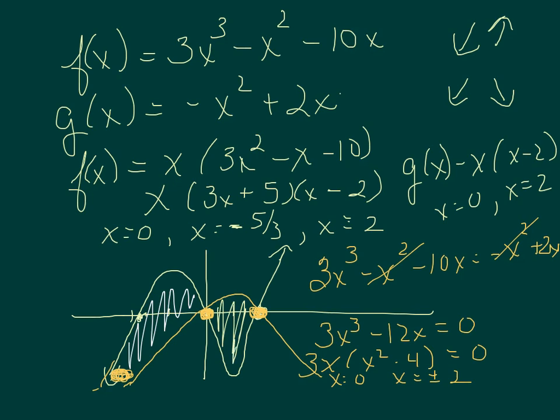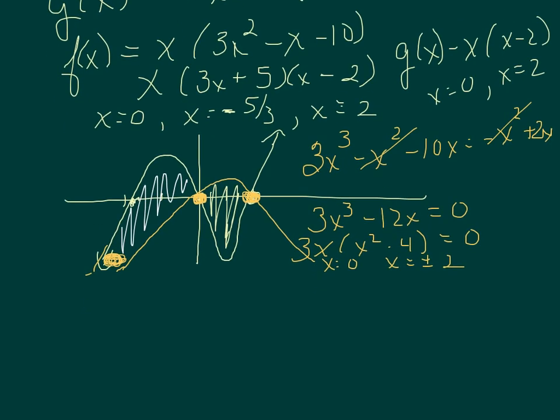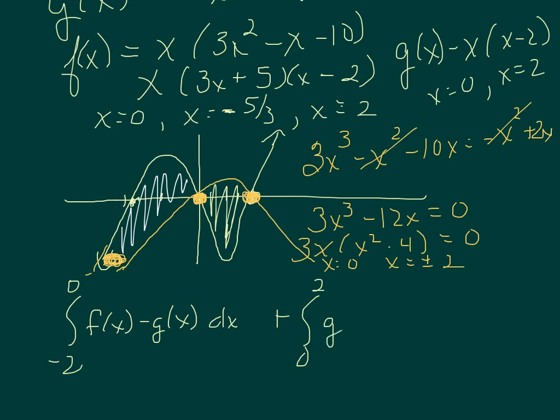So the first one is the integral from negative 2 to 0 of f of x minus g of x, plus the integral from 0 to 2 of g of x minus f of x.